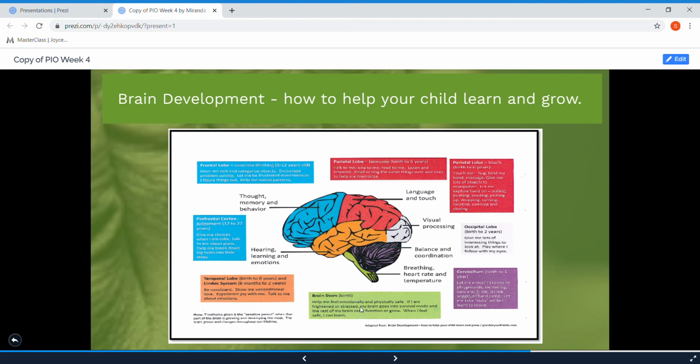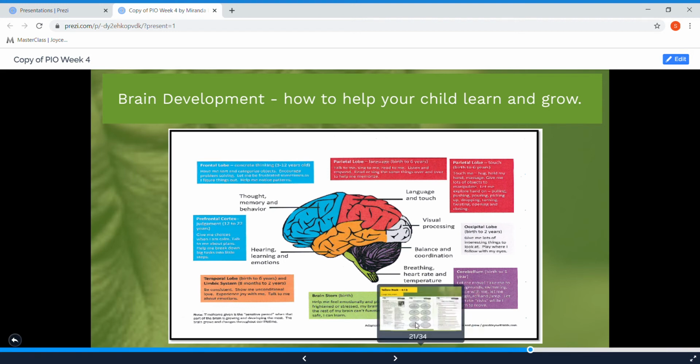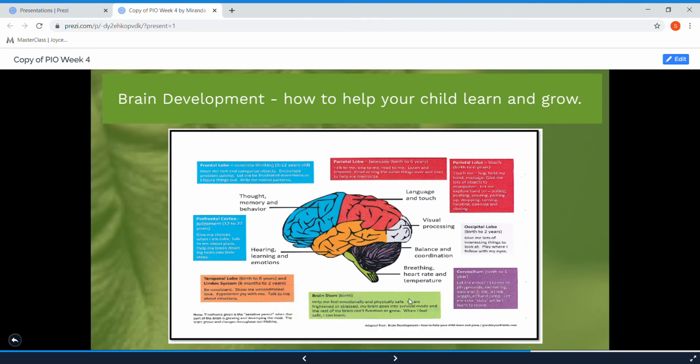So if I have spent a lot of time prior to this being in this mode of frightened or stressed, and my brain has gone into survival mode, remember how we can't learn during that time, and that the other parts of our brain can't function and grow during that time. So when that happens, and there's a delay to the development of my prefrontal cortex, it will likely not be fully developed at 25 or 27.